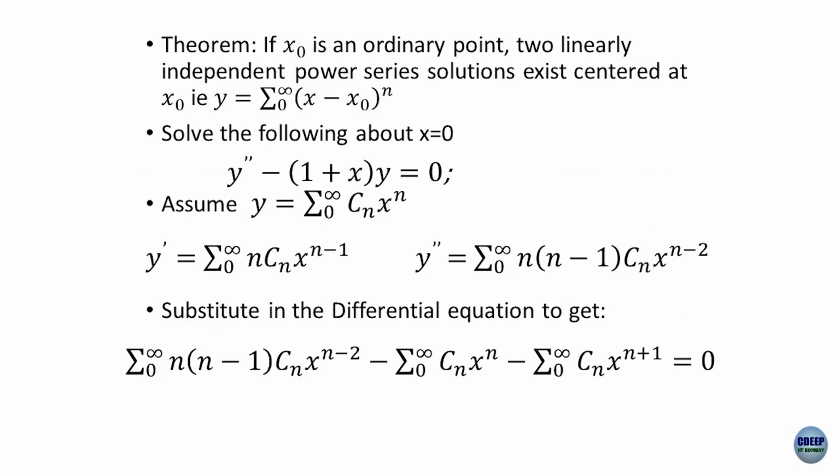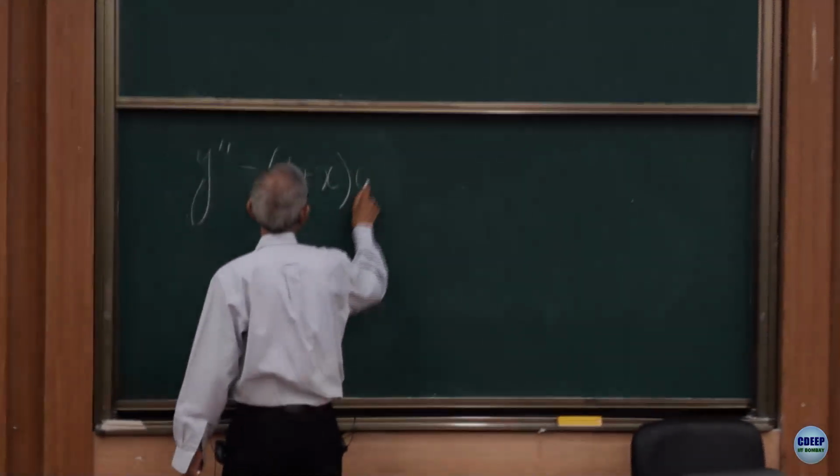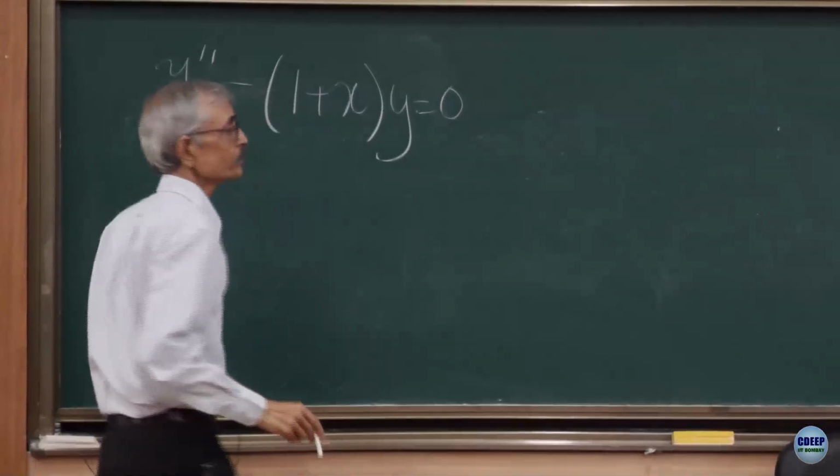we then started by looking at an example, and the first example we saw was for an ordinary point. We never quite completed it, so we'll do that today. So we said that there's an equation which is y double prime minus (1 plus x) y equal to 0.